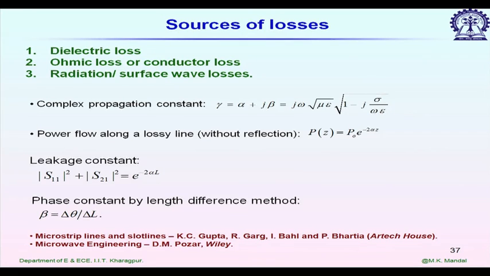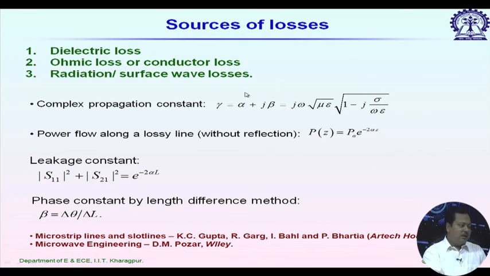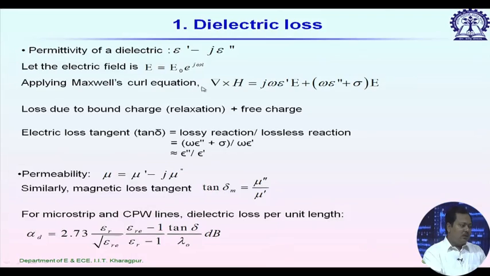We have mainly three different sources of losses: dielectric loss, conductor loss, and the radiation and surface wave loss. Dielectric loss, why does it happen? Whenever any electromagnetic wave propagates through any dielectric medium or any insulating medium, the molecules of the dielectric layer behave as dipoles.